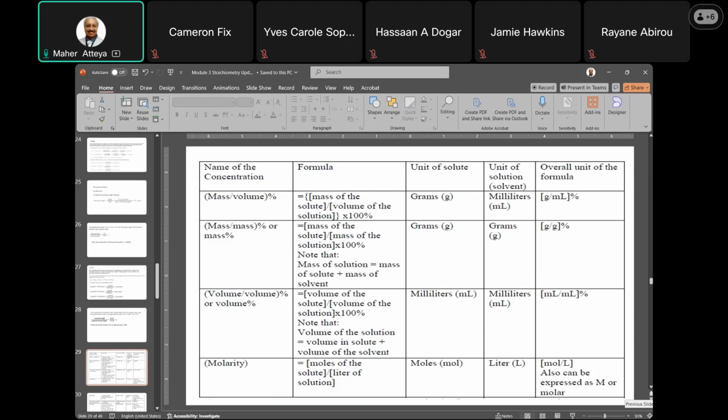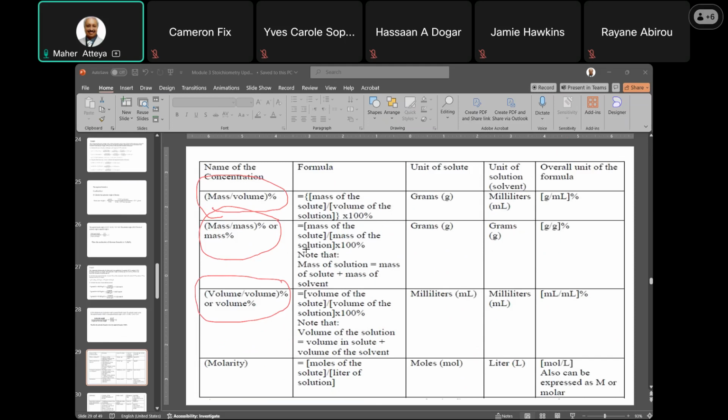The first one is mass to volume percentage, then mass over mass percentage, then volume to volume percentage. Those are all concentrations of solutions.